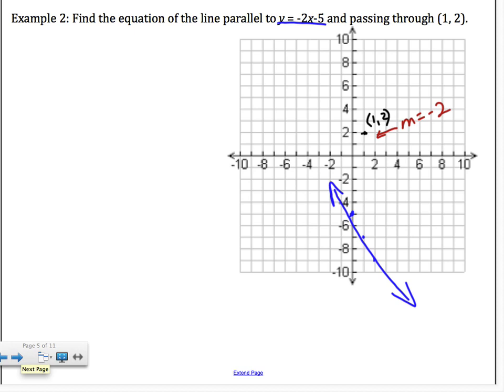Okay, so that means we want a line that's parallel to that. So here, we could do a slope of negative 2. So we go down 2 over 1, down 2 over 1, right? And here we could draw our line. I'm not going to risk it. You guys have the advantage, you have a ruler.